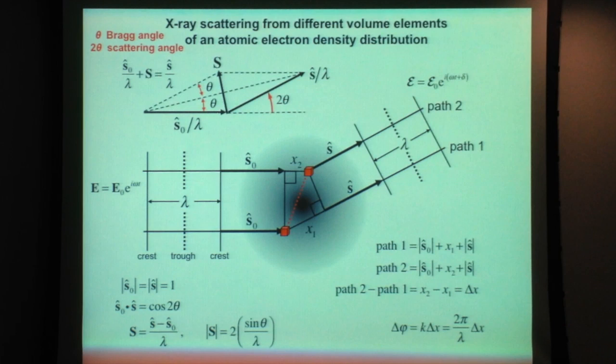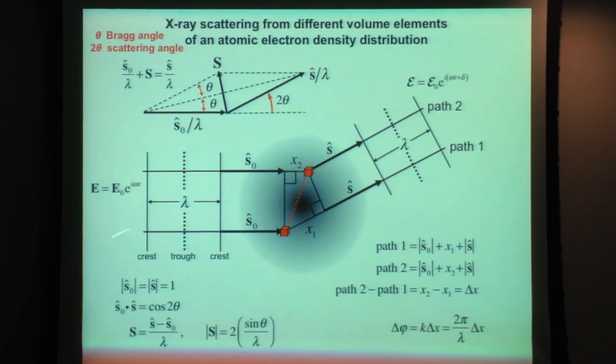But you could think of this same diagram. It would equally well apply if we were considering the scattering from two separate atoms in a unit cell. I mean, in general now, what we have to build up to is being able to account for the scattering from the n atoms in the unit cell. So if we just consider two atoms, it would create a diagram situation exactly like this one.